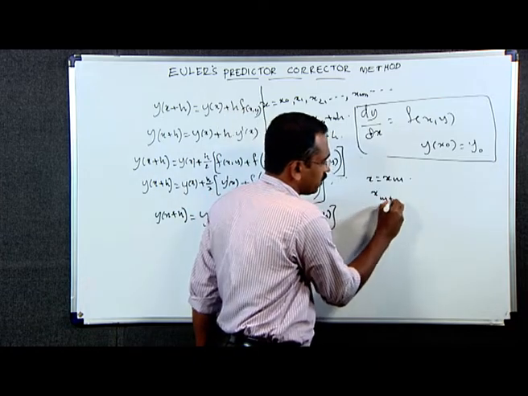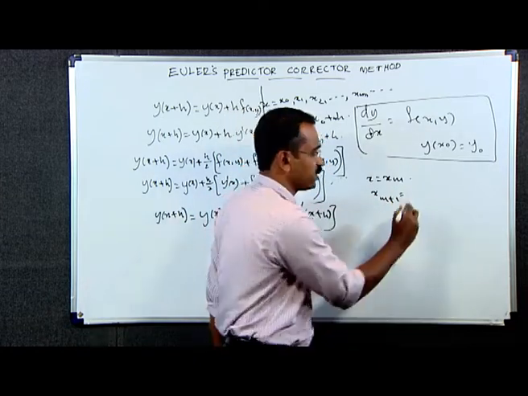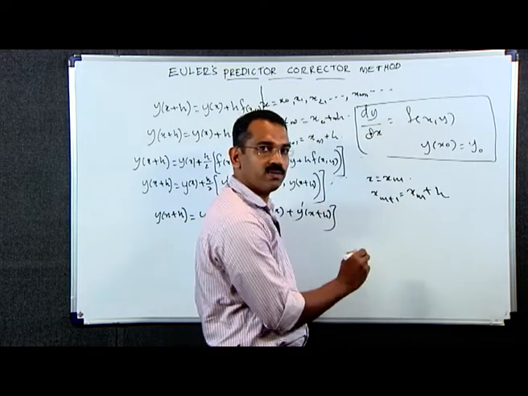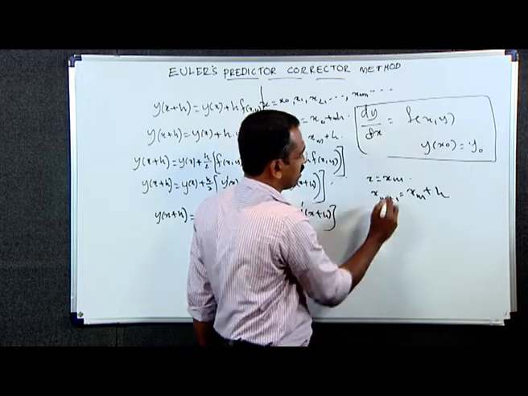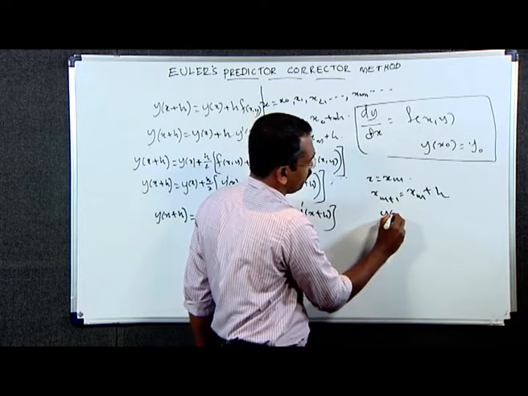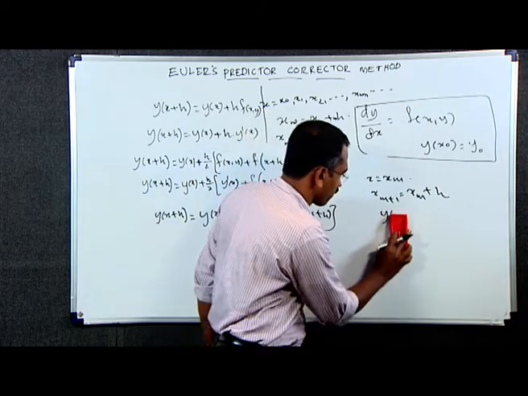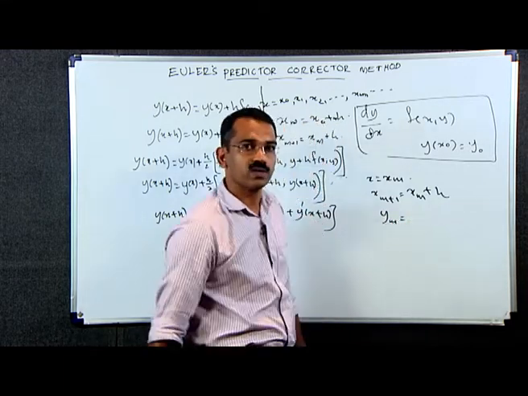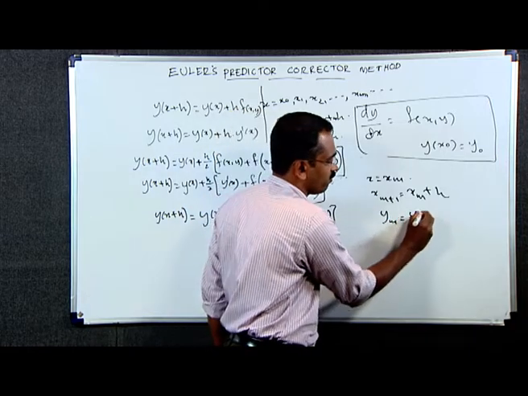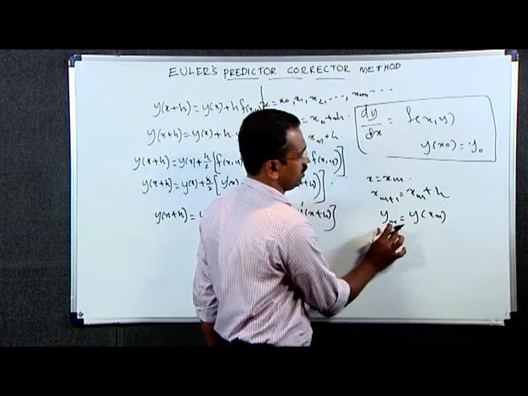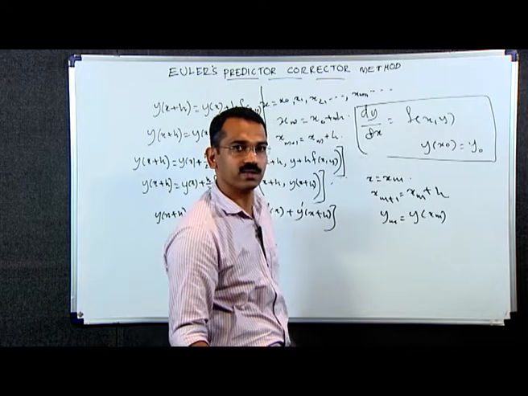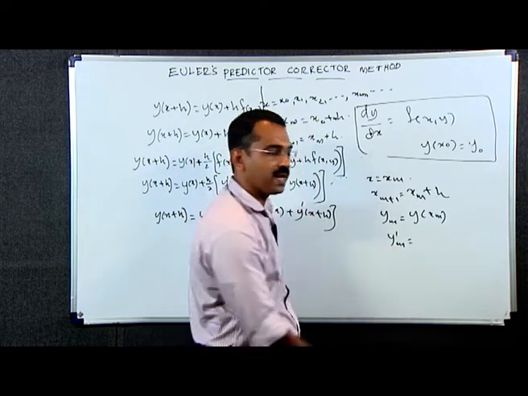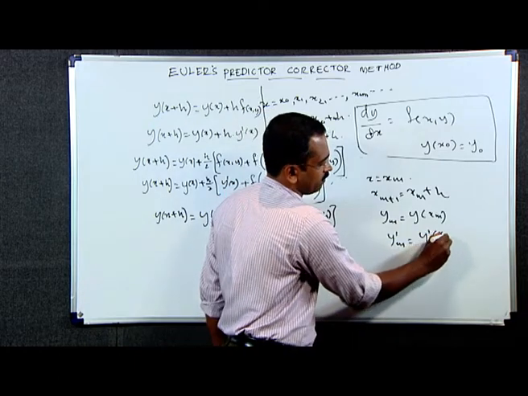Here xm plus 1 is equal to xm plus h, ym is equal to y of xm. We use this notation ym for y of xm and y dash m for y dash at xm.